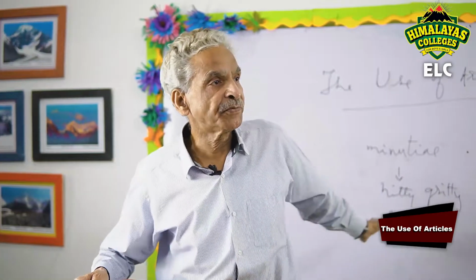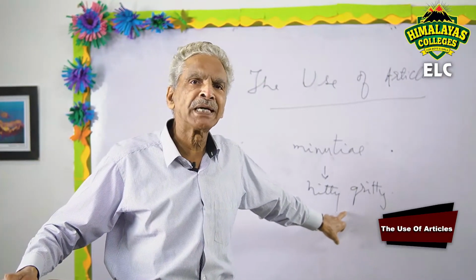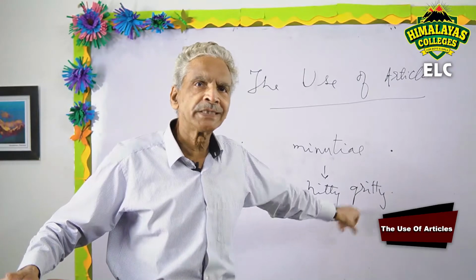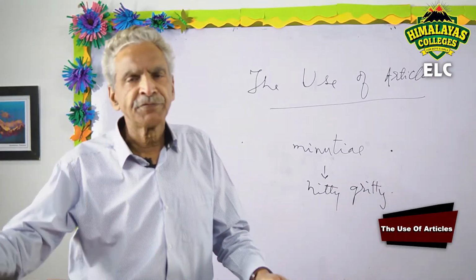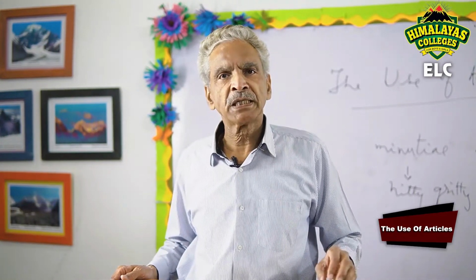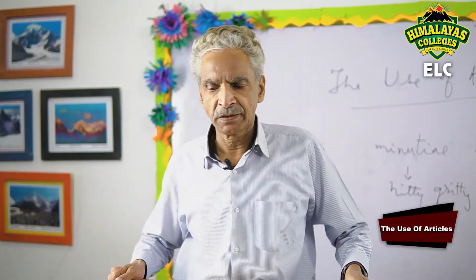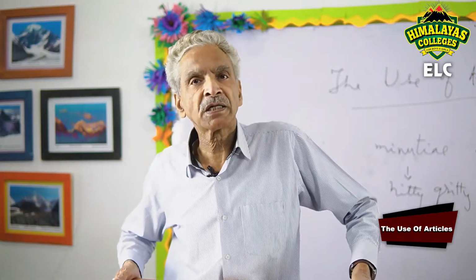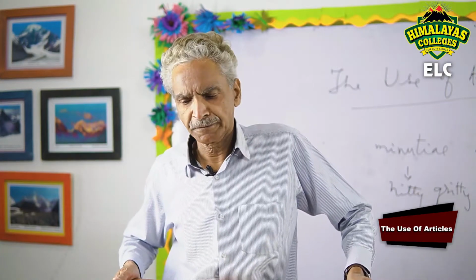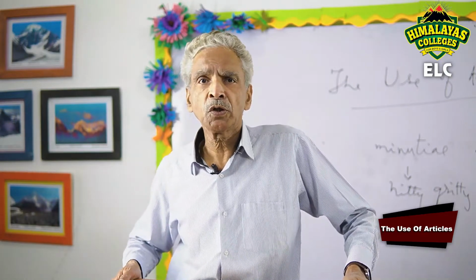But as I have said before, before I get into the minutiae or the exact minor important details, I'll give you an overview of the use of articles. The first important article is the, or in natural speech pronounced thee, and it refers to a particular example of something.